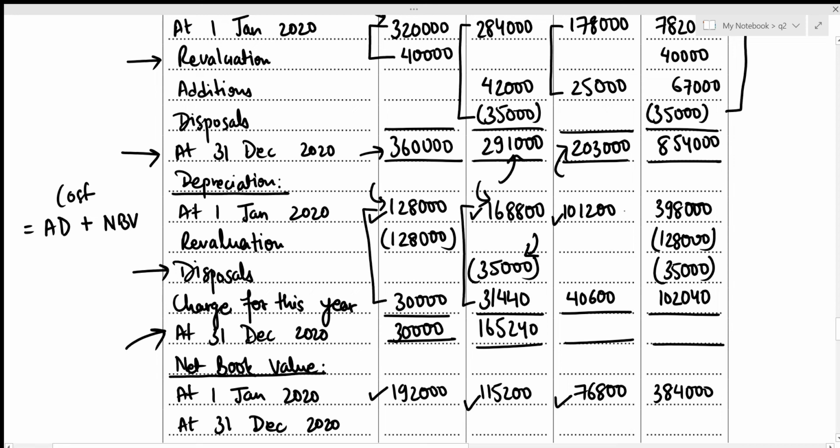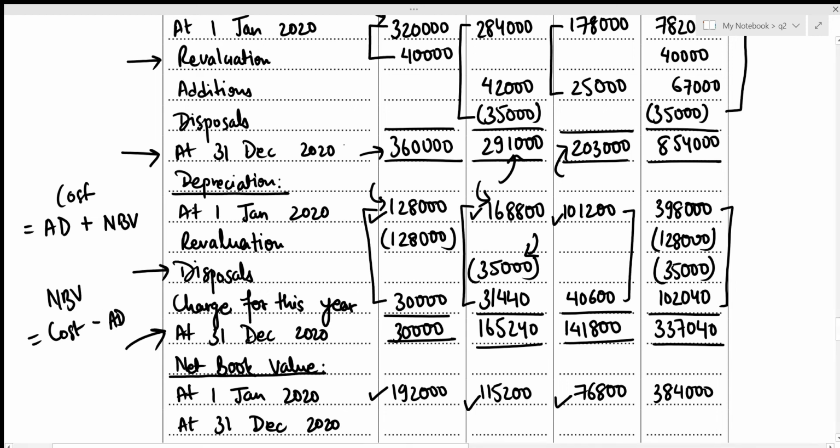For furniture and fixtures, that's the sum of these two amounts, 101,200 plus 40,600, which results in 141,800. And for totals, that's the sum of these four amounts, 398,000 minus 128,000 minus 35,000 plus 102,040, which results in the value of 337,040. Okay, now we can easily figure out the net book value at the closing date, since we know that net book value is just the cost minus accumulated depreciation.